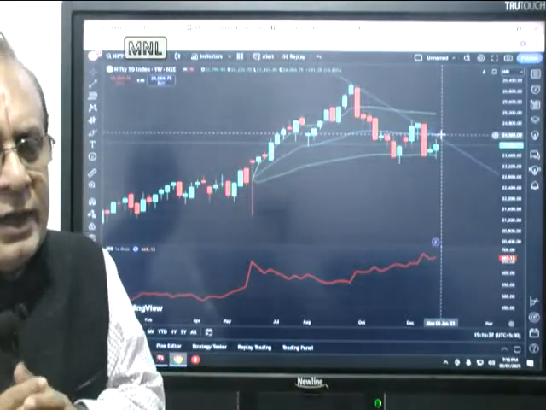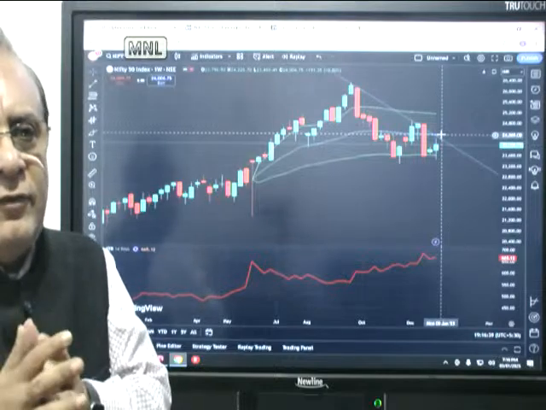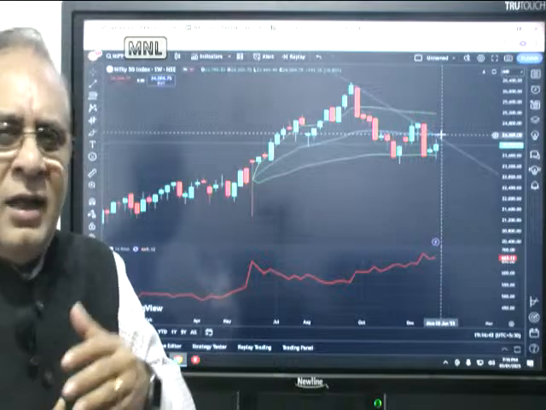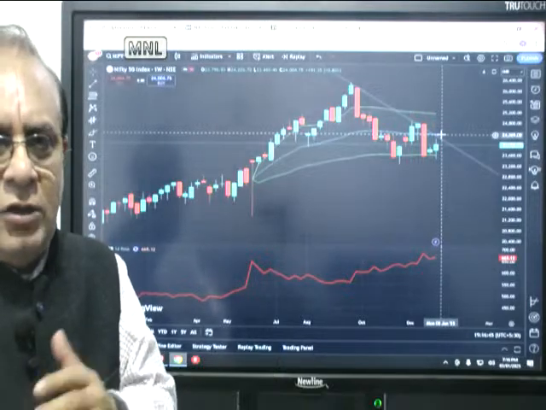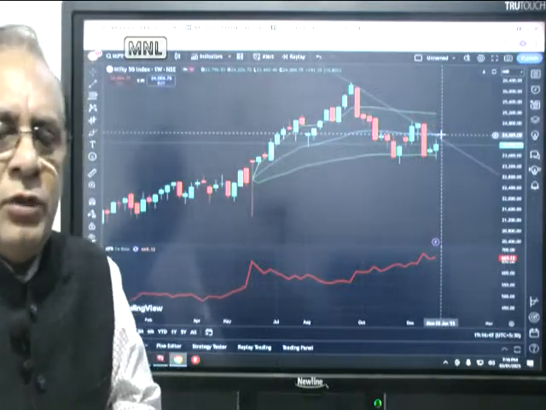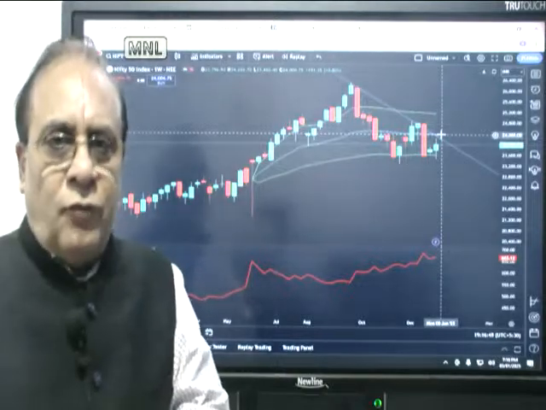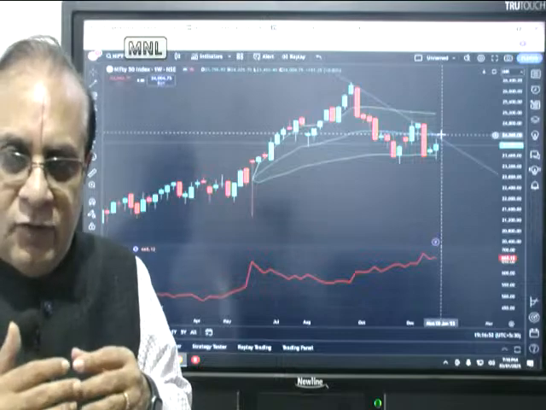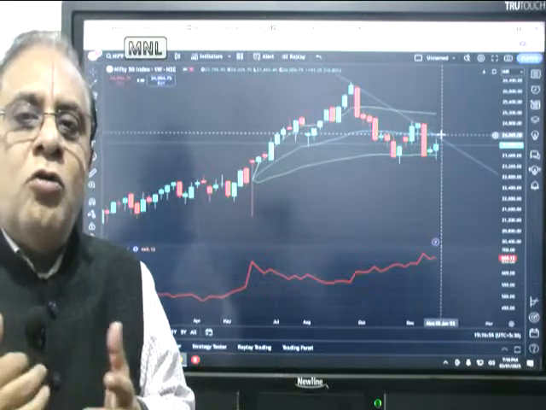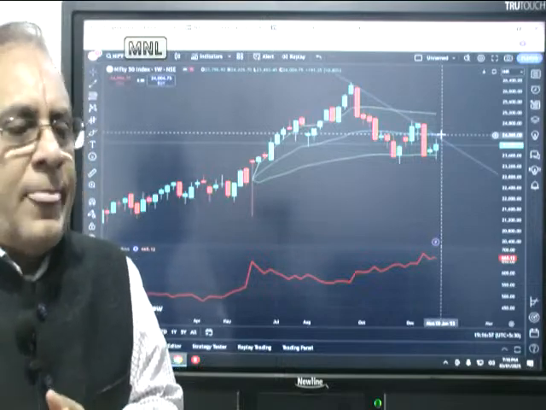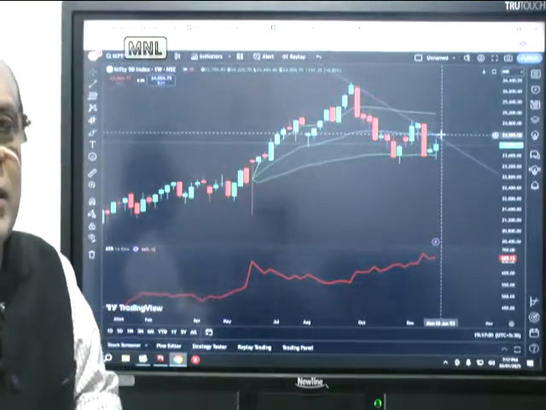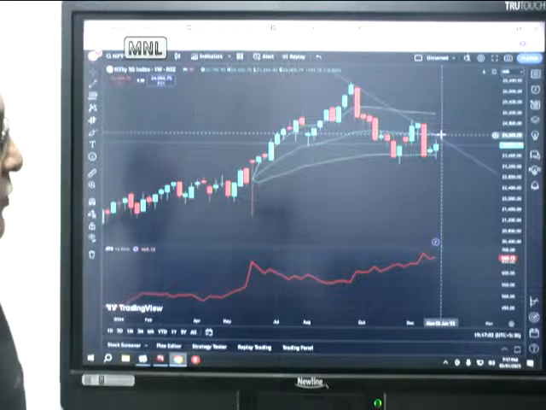So right now we can say the movement of Nifty could be between 24,900, 930 on the lower level, and 24,350 to 24,400, and then we have to see how the price action works, whether it's below 930 or going to go above the 940 levels. So these are two important levels based on this anchored volume weighted average price.